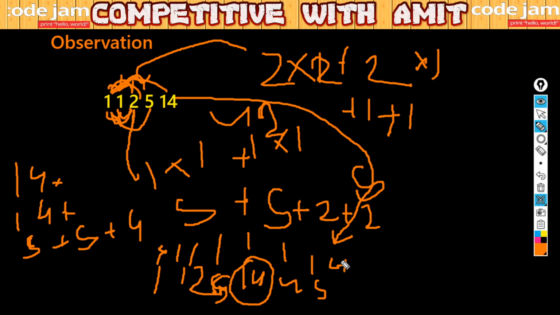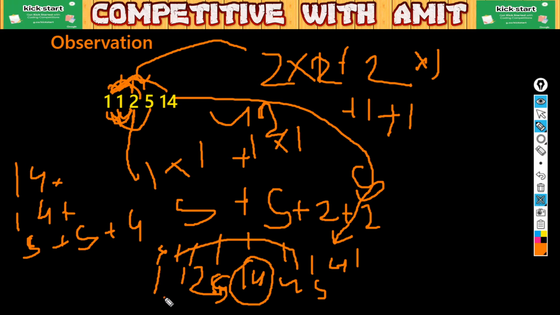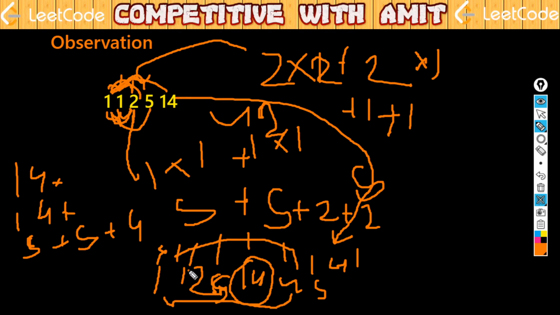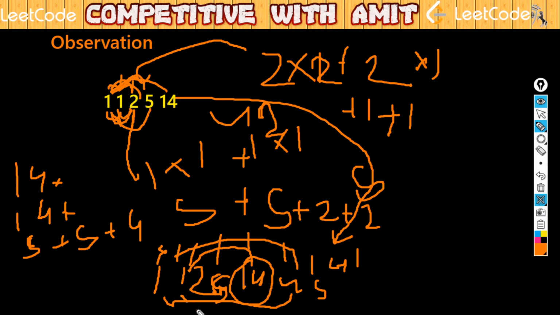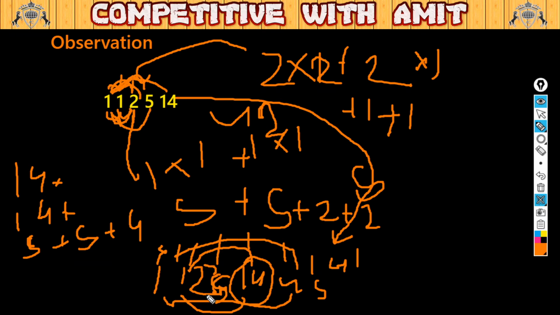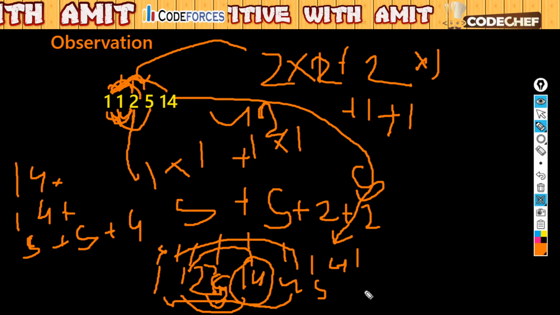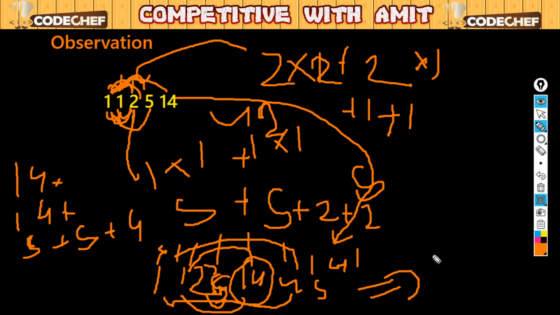Now if we want to calculate for n equals 6, it is also easy. We'll multiply this by this, 14 by 1, 1 by 14, 2 by 5 and 5 by 2. So using this we will find out for n equals 6 also.